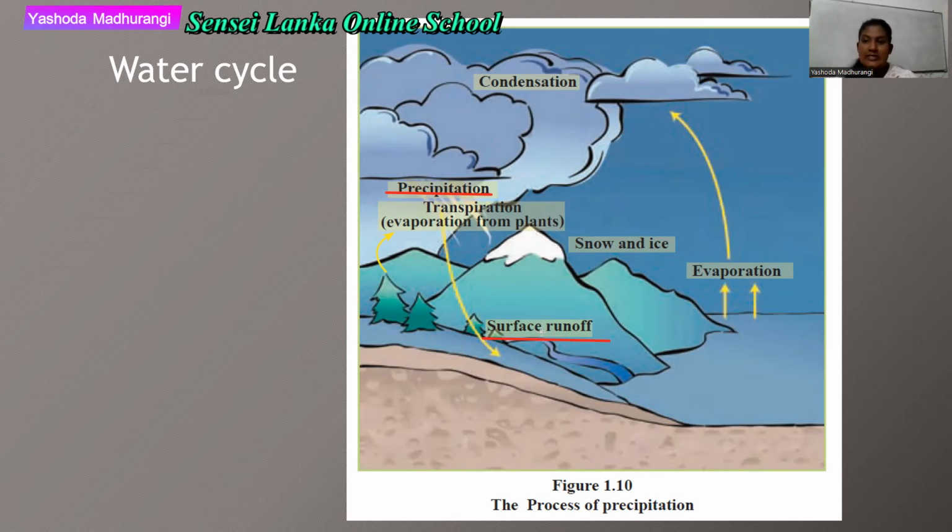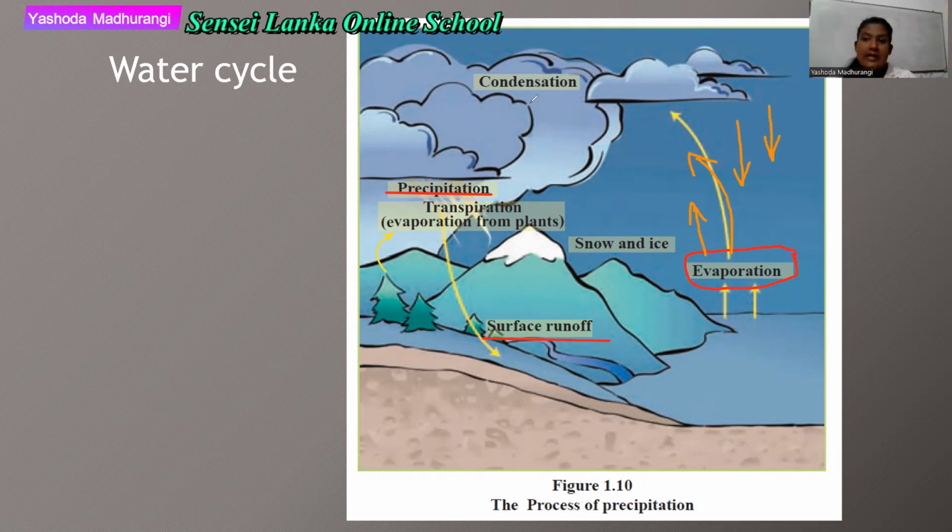So from these water bodies, rivers, oceans, tanks, reservoirs, what happens to the water? Evaporation. It evaporates when there is sunlight. Water is evaporated. Evaporation.